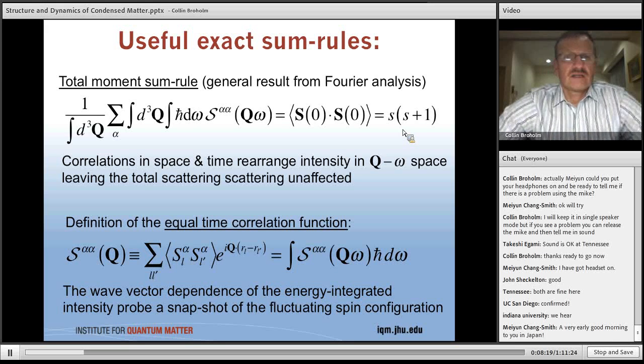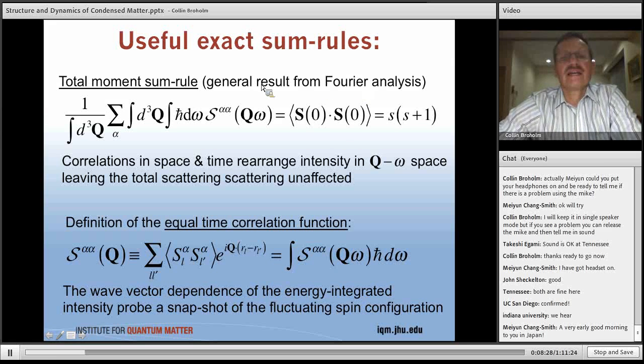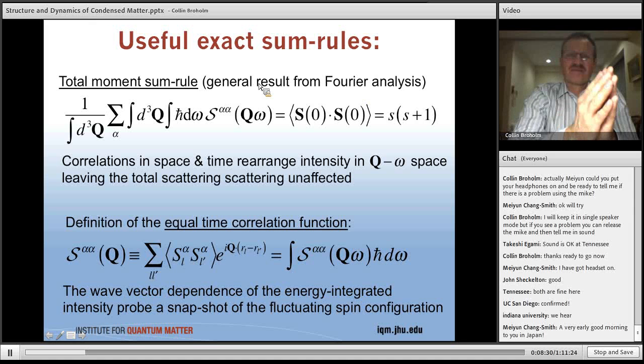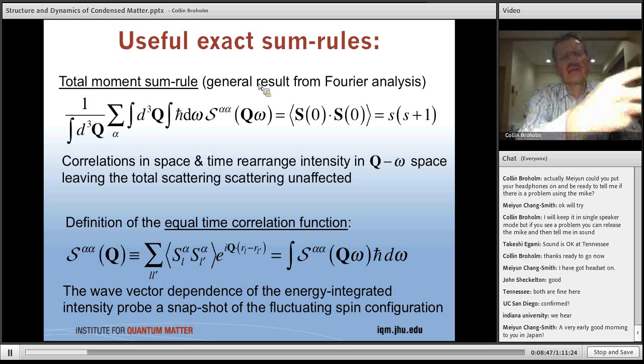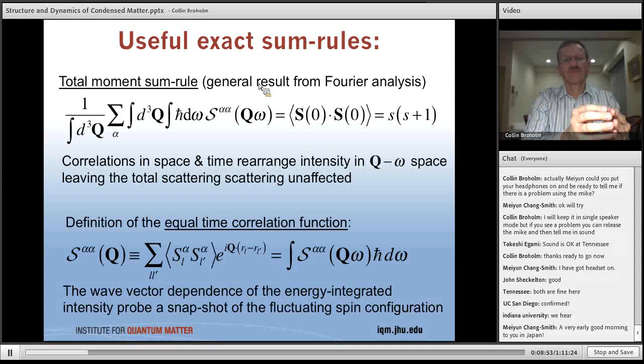So the first expression that I want to emphasize is the so-called total moment sum rule. And this is actually a general result from Fourier analysis. Remember that we have position coordinates relating to wave vector, time coordinates relating to energy transfer in a Fourier transform. If I take a total integral over conjugate variables, in our case momentum transfer and energy transfer, then I end up relating to the equal time and equal position correlator.